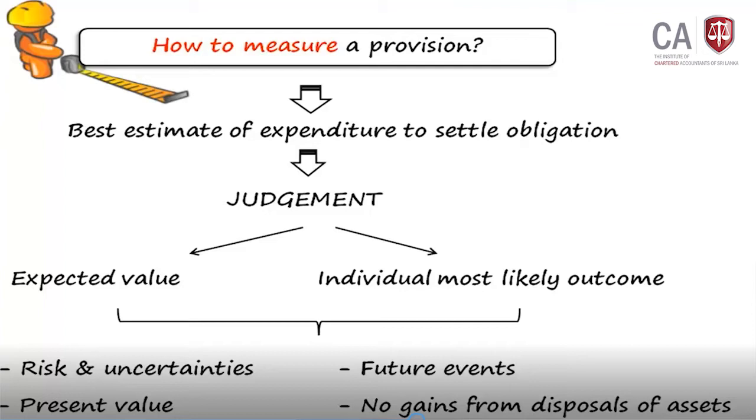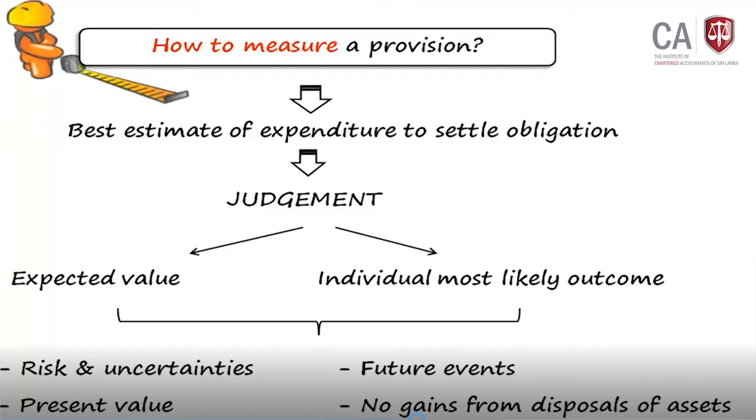Warranty has two scenarios, minor repairs and major repairs. Therefore, you have to calculate what? Expected value by using probability theory. But in this case, if it is a legal case, it is individual most likely outcome. Why? Because you don't have many outcomes out of that. Only one outcome, whether to pay or not.